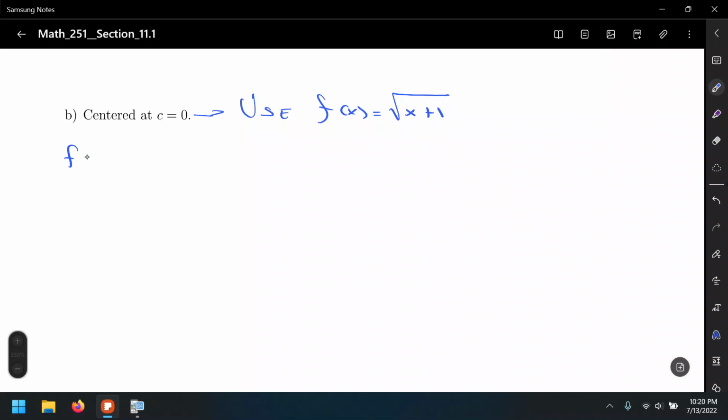So let's start. f of x equals the square root of x plus 1. Evaluating this at 0, 0 plus 1, that's the square root of 1, which is 1.